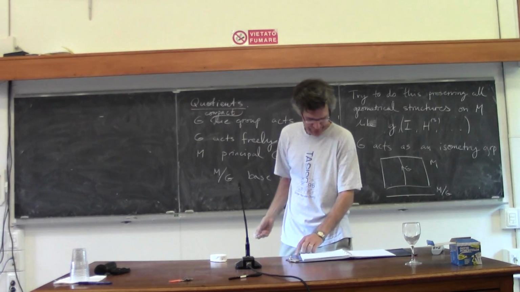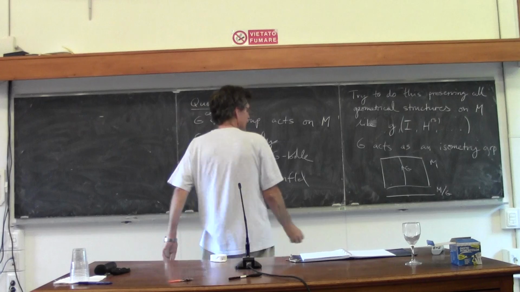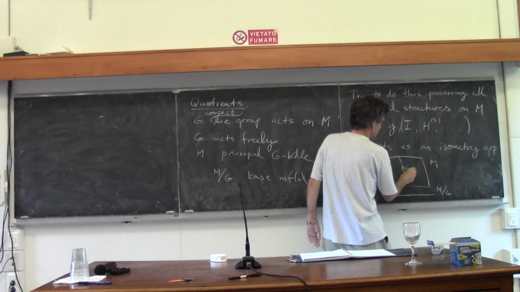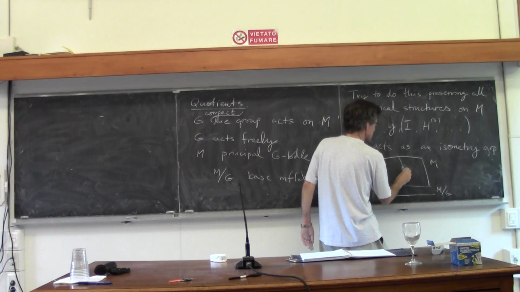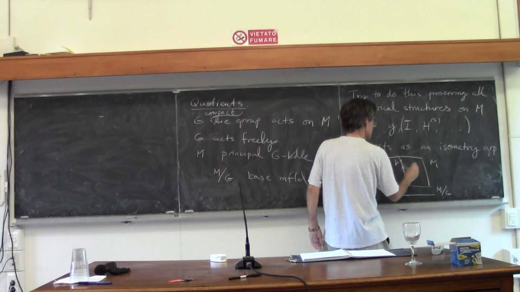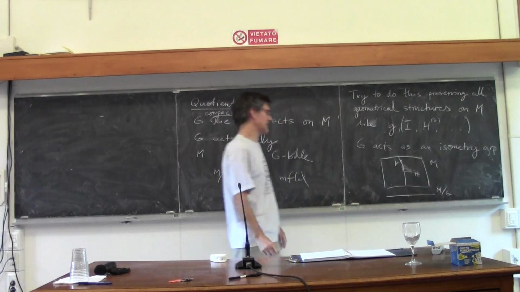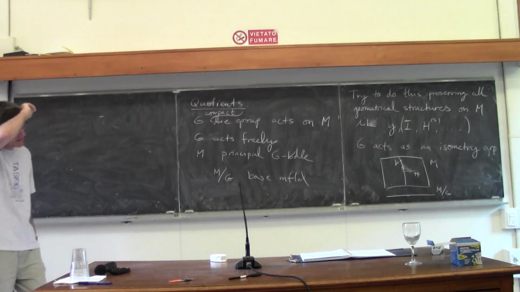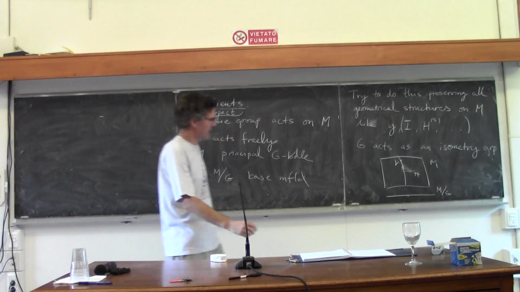The way you do this is that you define a horizontal subspace. The vertical subspace is the tangent space to the fiber. To define a horizontal subspace, you have to define it in some particular way.